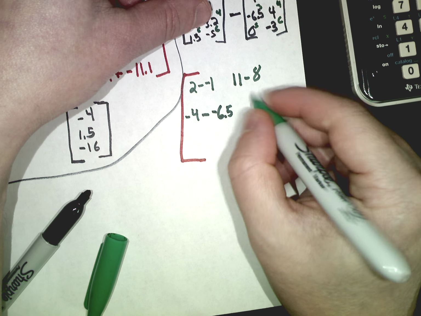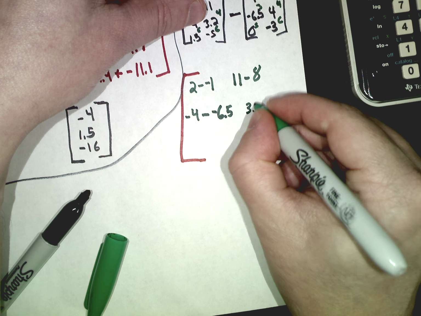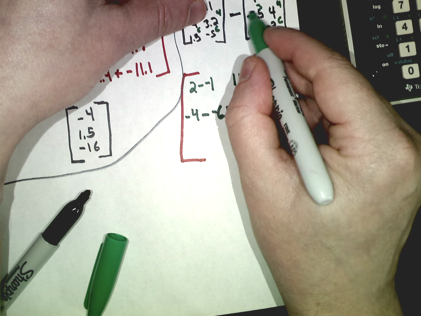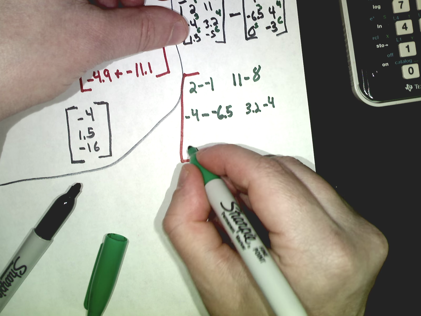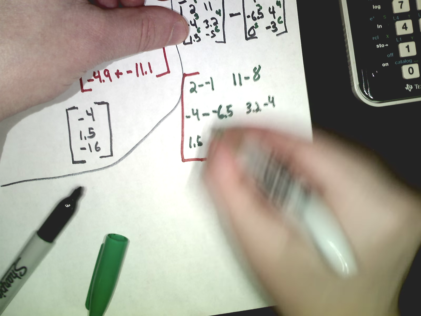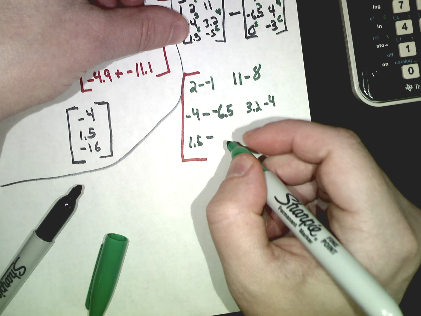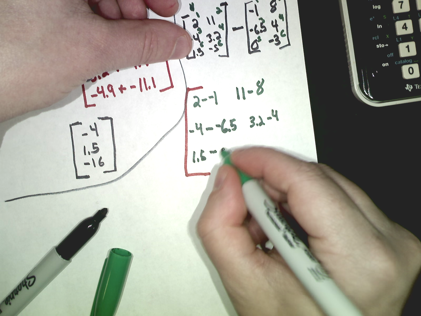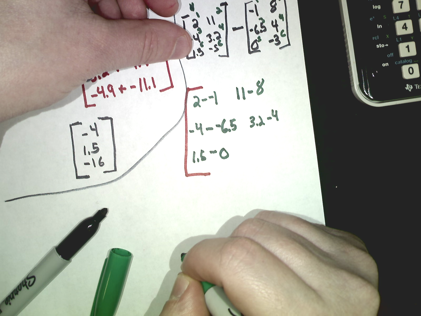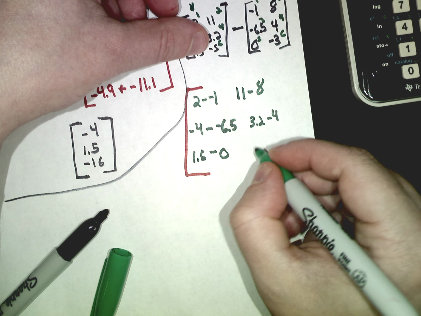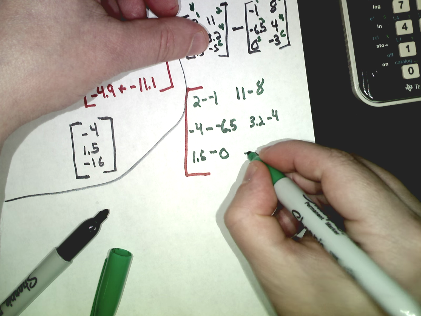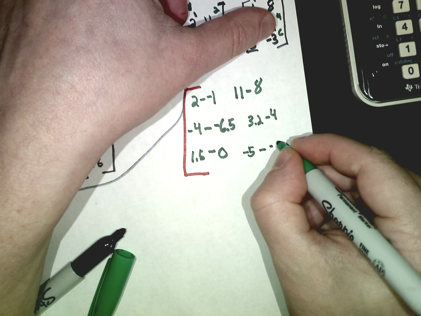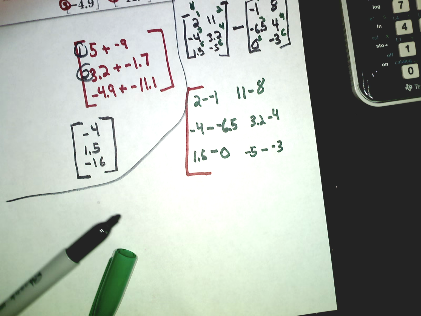Position 4. 3.2 minus 4. Position 5. 1.5 minus 0. And finally, position 6 over here, negative 5 minus negative 3. You just pair them up like that.